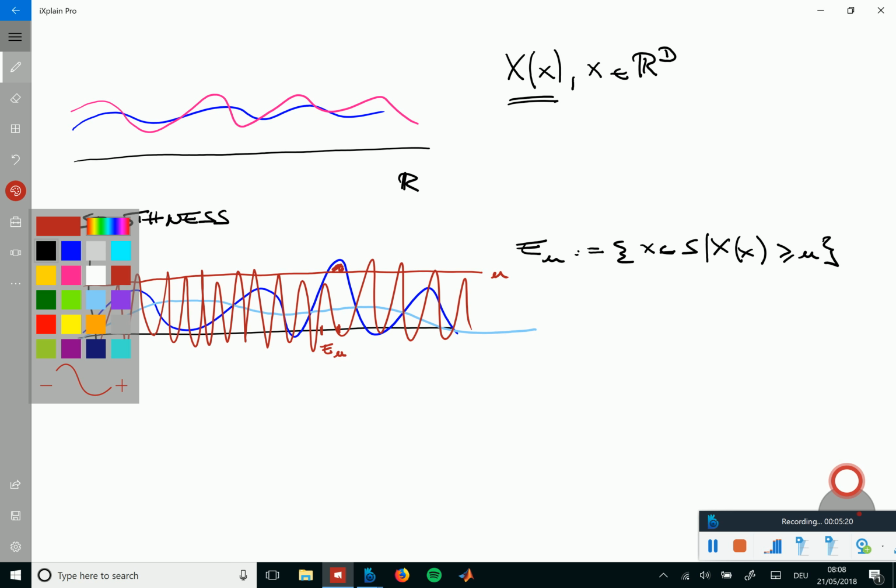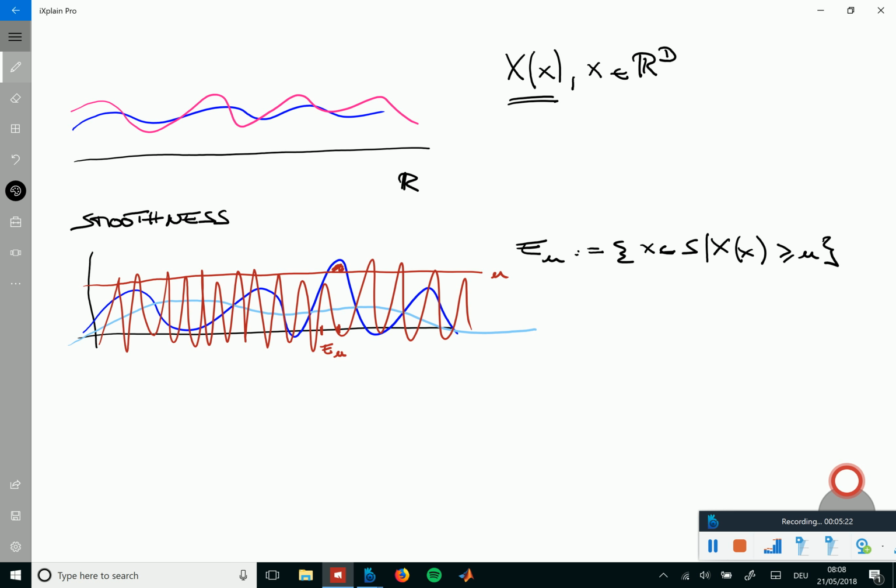So to study smoothness, last time we discussed this principal measure of smoothness, which we called sigma. So that's this sigma variant.